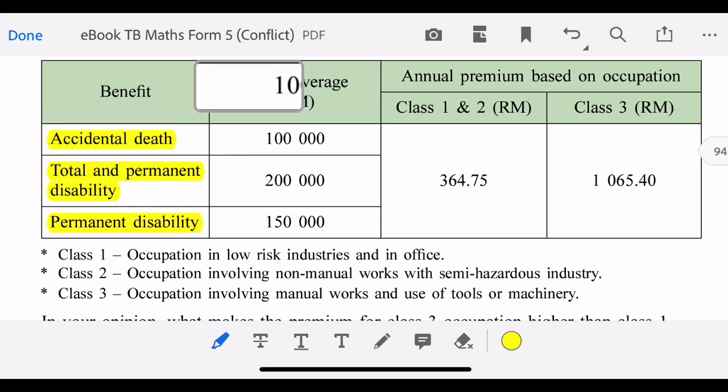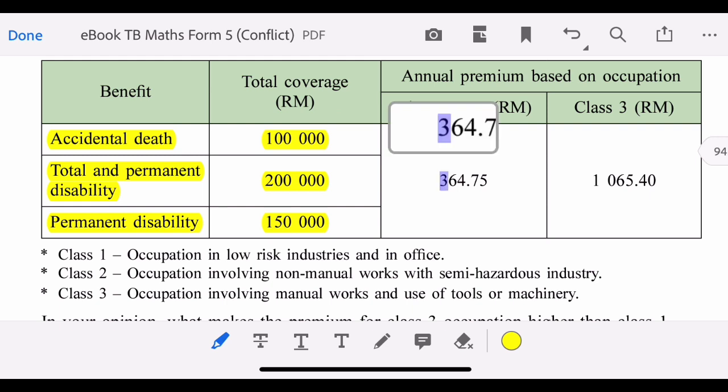The total coverage is 100,000 for accidental death, 200,000 for total and permanent disability, and 150,000 for permanent disability. The annual premium is based on occupation: 364 for class 1 and class 2, and for class 3 it is 1065.40.